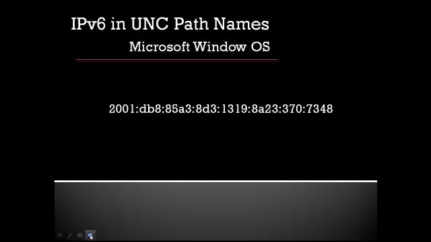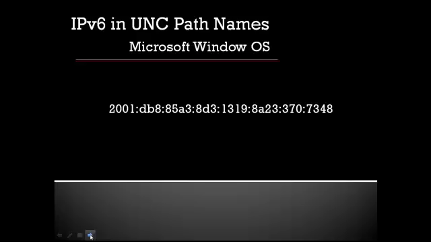In Microsoft Windows operating systems, IPv4 addresses are valid location identifiers in Uniform Naming Convention path names, also known as UNC path names. However, the colon is an illegal character in a UNC path name. Therefore, the use of an IPv6 address is also illegal in UNC names.